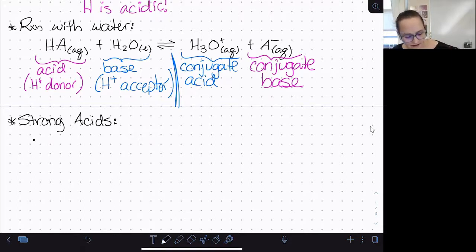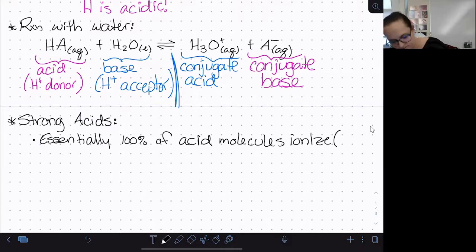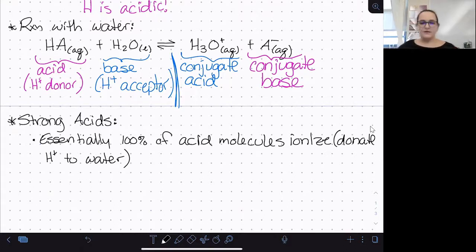So in a strong acid, essentially 100% of acid molecules ionize, meaning that they donate their H+. So that means that that is a reaction that goes to completion, that effectively 100% of our acid molecules undergo this reaction. There isn't any intact acid left at the end.